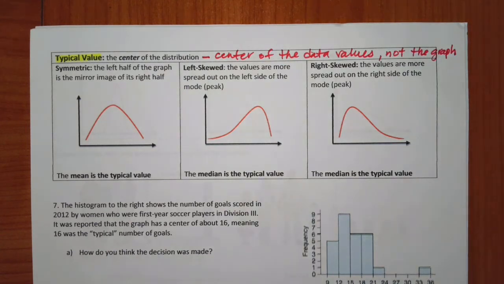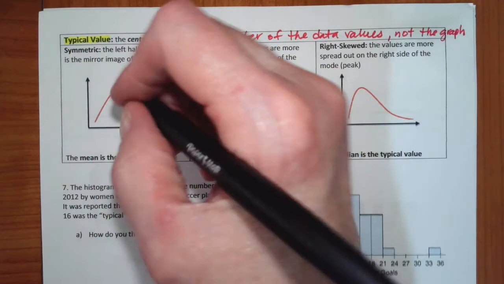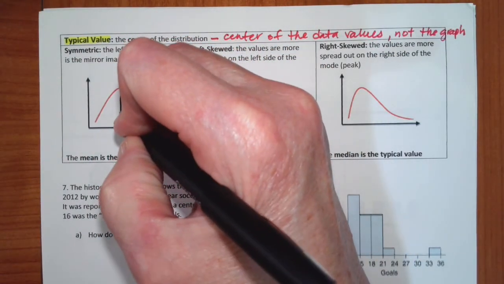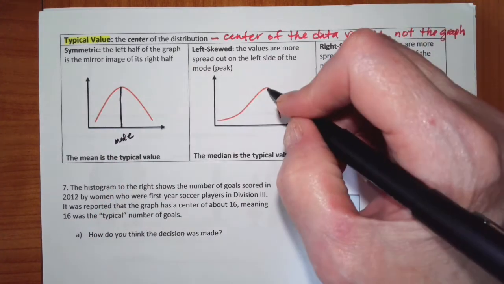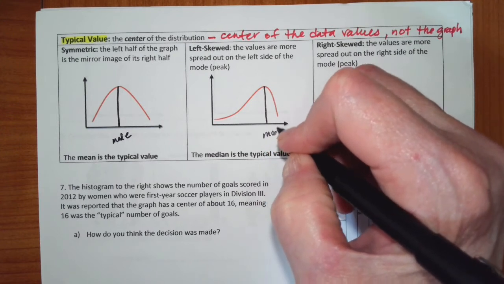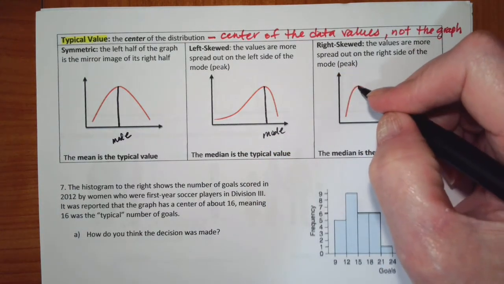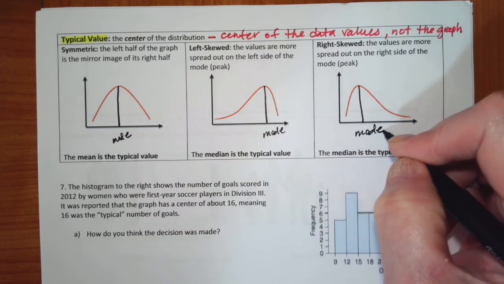Okay. All right, now here's what we know. We know that the peak is going to be the mode. In all of these graphs, because that's the frequency, the highest value is going to be the mode.